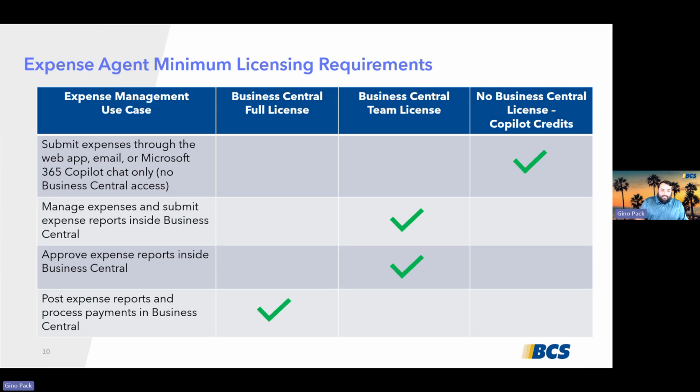If you manage expenses and submit expense reports within Business Central, you're required to have a team license as a minimum. So managing and submitting, at a minimum, you need a team license. If you're approving expense reports, at a minimum, you need a team license. Now, if you're posting reports and processing payments, so if you're doing the actual accounts payable side of the transaction, you will be required to have a full Business Central license.